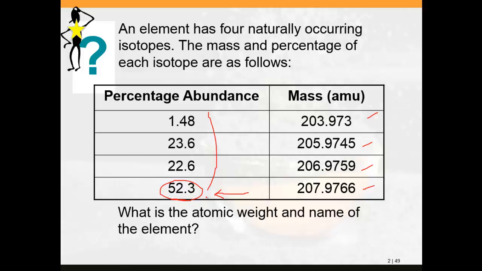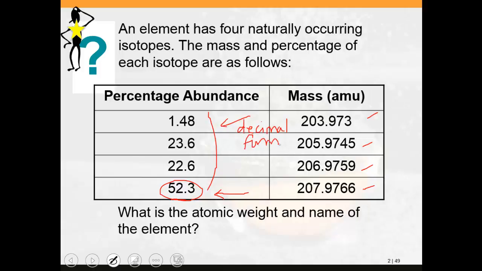Now, how we determine the atomic weight and then what is the name of the element, what we want to do is we first of all want to look at the average atomic mass. And so how we're going to deal with a problem like that is we're going to take the abundance that we have, and this percentage abundance, we want to get it into decimal form.